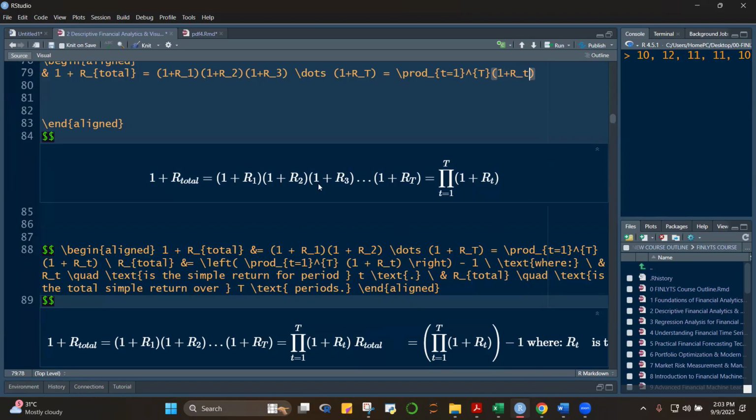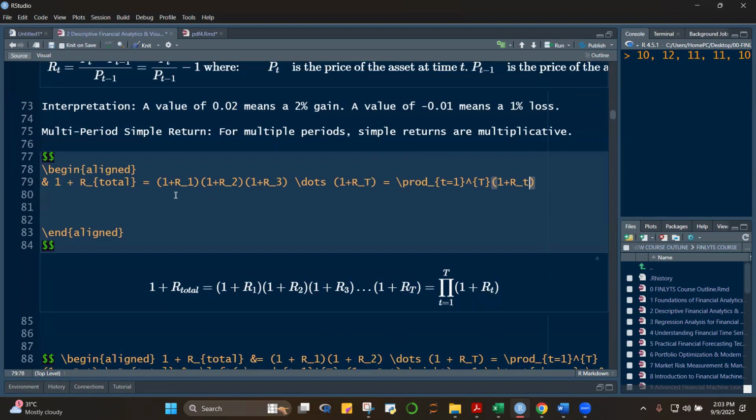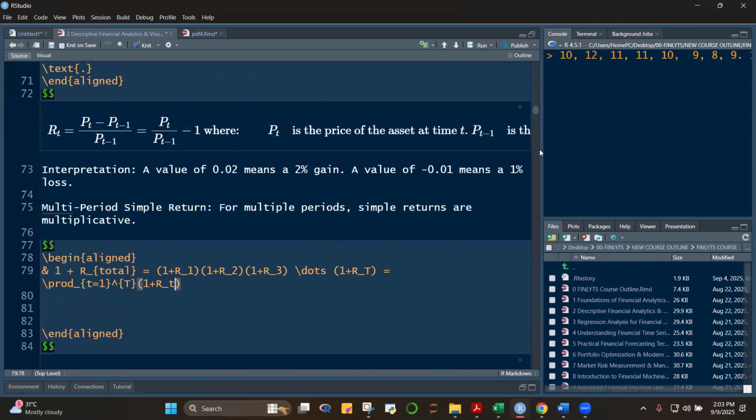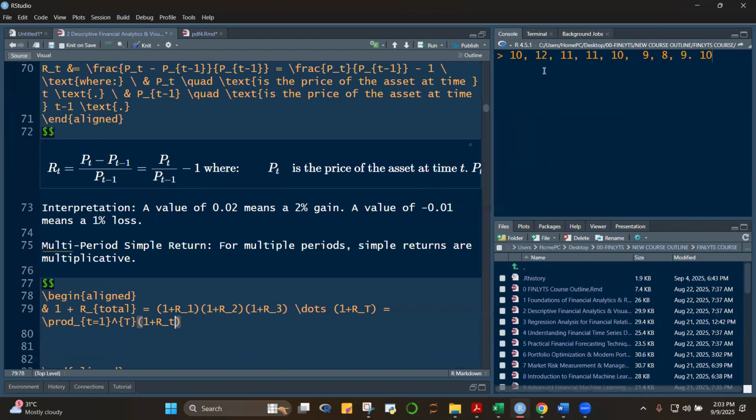So this, class, is now the multi-period returns. So how do you do that? You first get the returns at period 1, like this. Return of period 1, 12 over 10, 12 over 10 minus 1. That's the return of period 1. And then you add 1 to that.